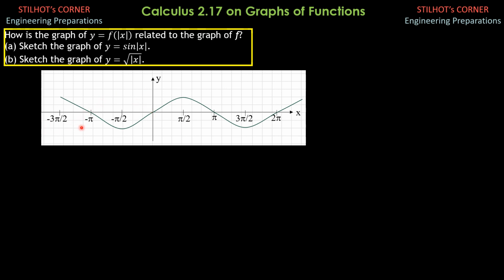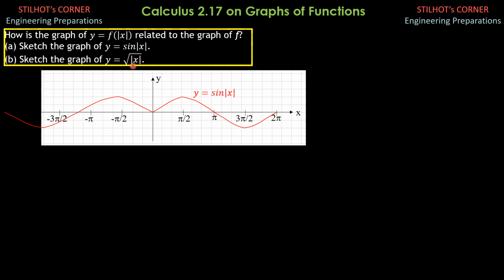And that pair of graphs reflected about the y-axis would be the graph of y equals sine absolute value of x. So let's remove it. We have the red portion of the graph of sine. It is reflected about the y-axis. So it should look like that. So this is the graph of y equals sine absolute value of x.